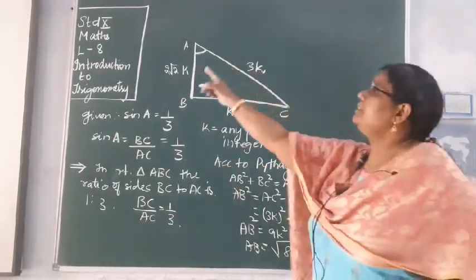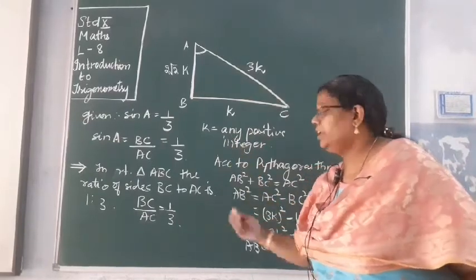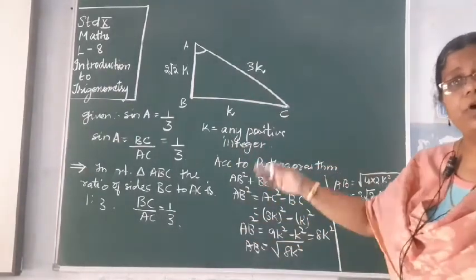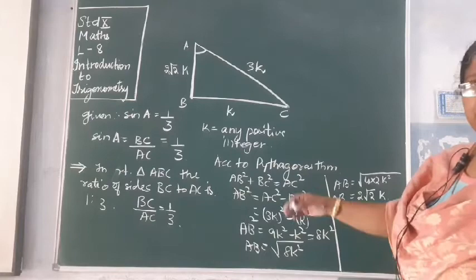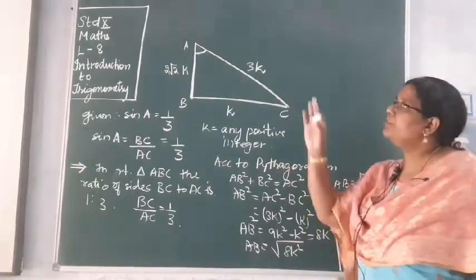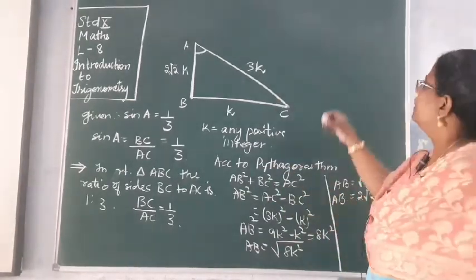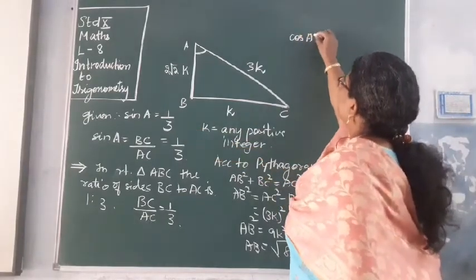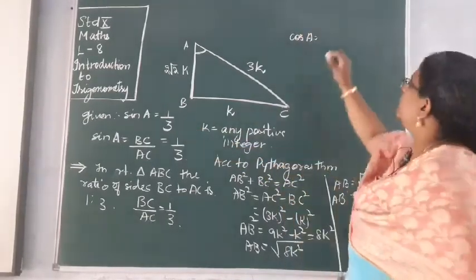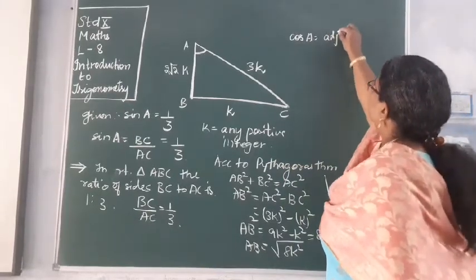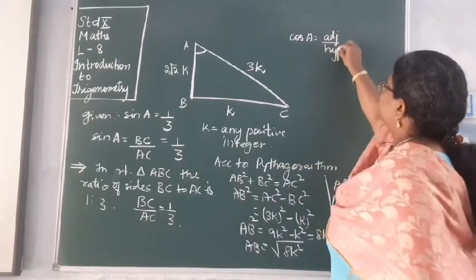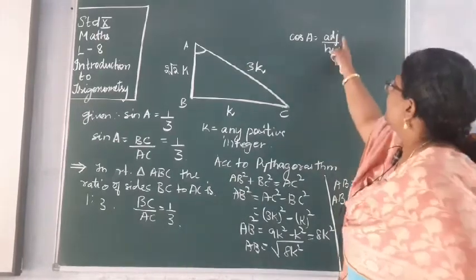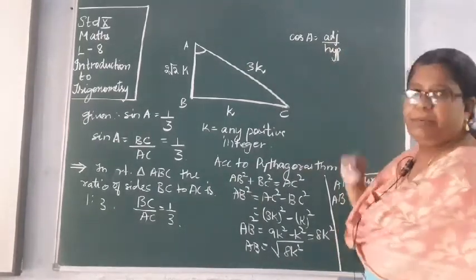तो अभी तुम्हारे पास तीनों साइड है, तो naturally you can write the trigonometric ratios for all the different trigonometric ratios for angle A. Okay. So sine A already we have. Then what would be cos A? Cos A would be equal to adjacent upon hypotenuse. सही है ना? Adjacent side to angle A upon the hypotenuse.